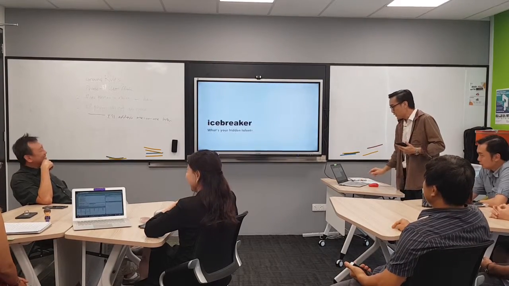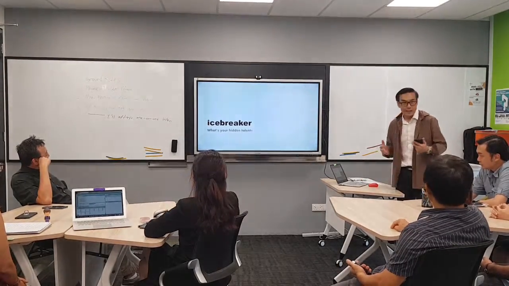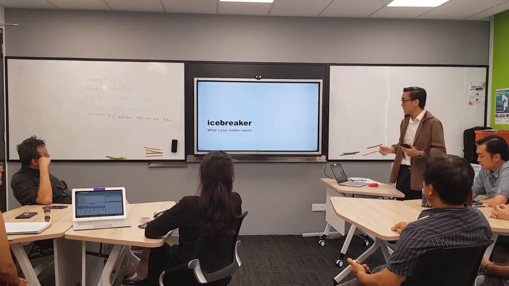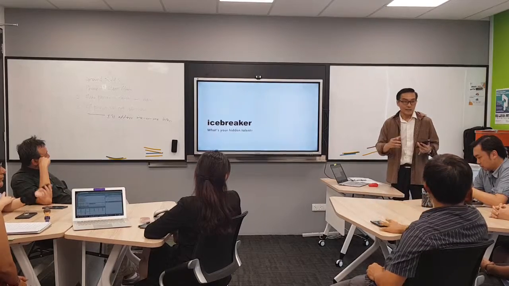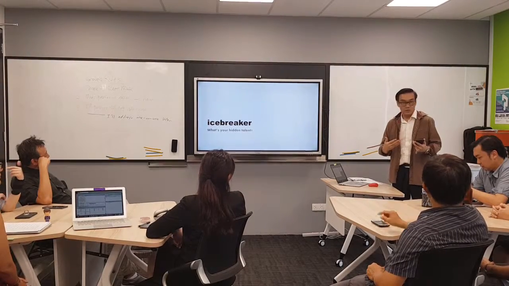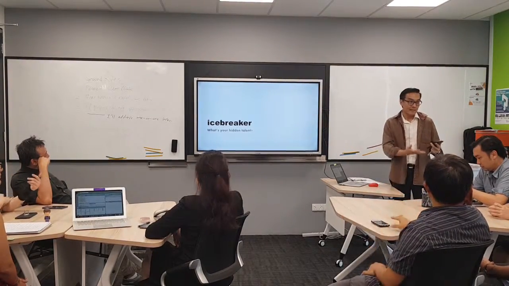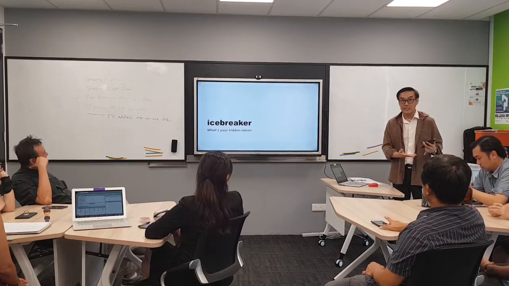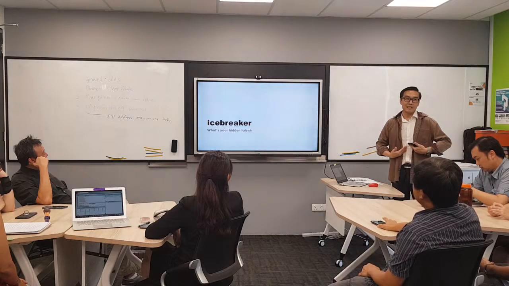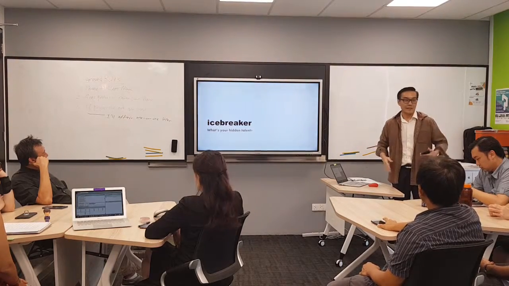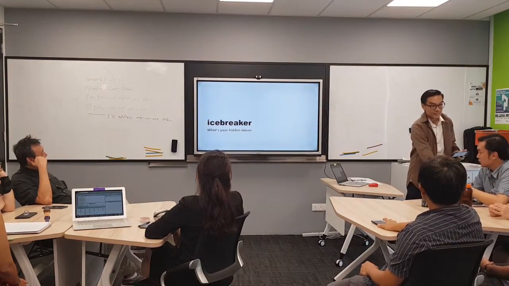Thank you. Okay, before that, let's do a simple icebreaker. This icebreaker game is called What's My Hidden Talent? I just need you all to say your name and your hidden talent. For example, hi, my name is Andy. I can cook. Why don't we start with you? My name is Thomas.